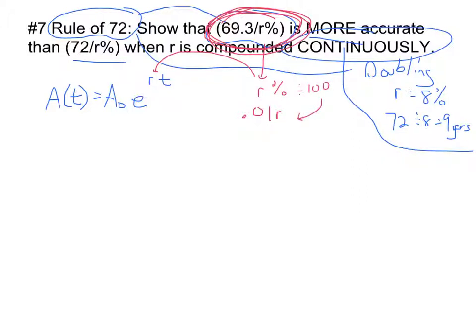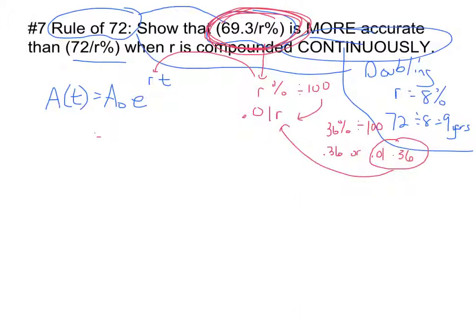And that's why you get 0.01 r. So for instance, if you had 36%, divide that by 100 and you get 0.36. Or you could say 0.01 times 36. So here's your 0.01 r. Do you see it? All you're doing is moving the decimal 2 places.